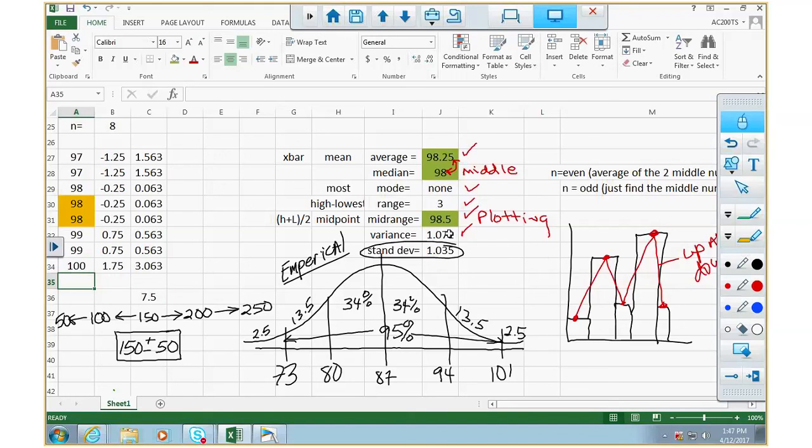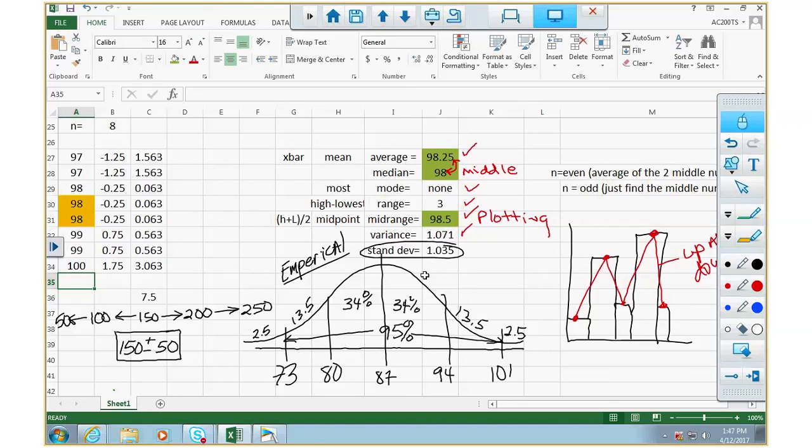Look at the variance. What did the variance do? Went way down. So if the variance is close to 0, you know that the median, the midpoint, and the mid-range are going to be close together. And look at them: 98.2, 98, and 98.5. So your data is valid.